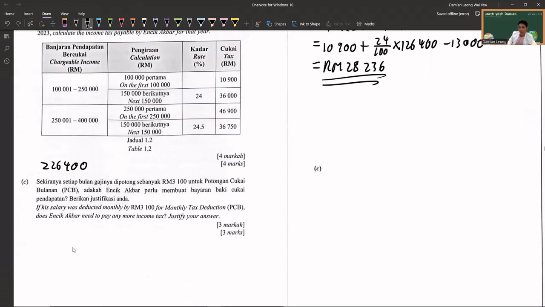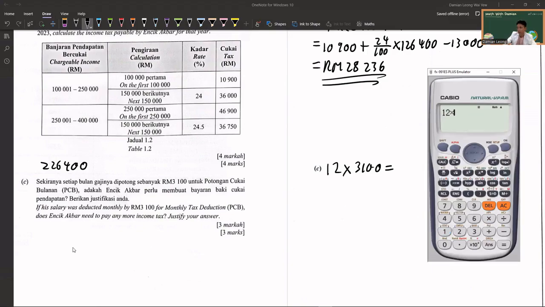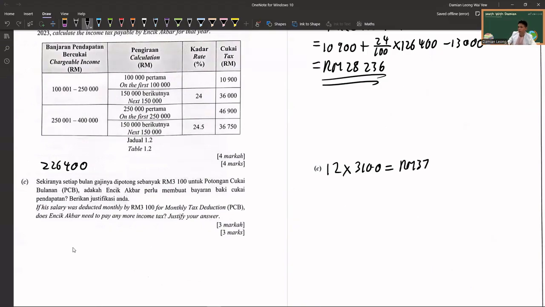Then, if his salary was deducted monthly by 3,100 ringgit for monthly tax deduction, does Encik Akbar need to pay any more income tax? So we take 12 months times the 3,100 ringgit per month, we get 37,200, which you can see is more than the income tax payable, 28,236 ringgit.